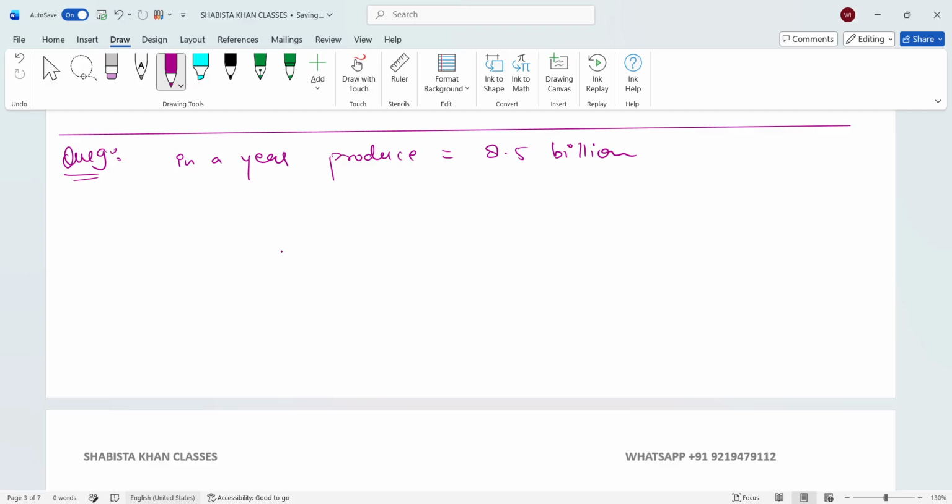Okay, so use of digits. Of course, we have digits 0 to 9 in universal. Billion. What is billion? It is ones, tens, hundred, then thousand, hundred thousands, then million.